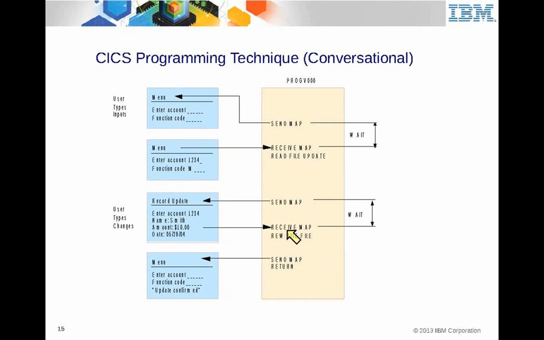It waits for the user to type in information and receive the map back, rewrite a file, send another map to do something. So all of this is in a single program in a single piece of logic. But when you send the map, it's waiting for the person to update the map for it to receive it and process. This programming technique is called conversational.